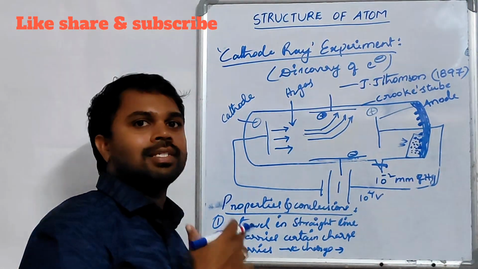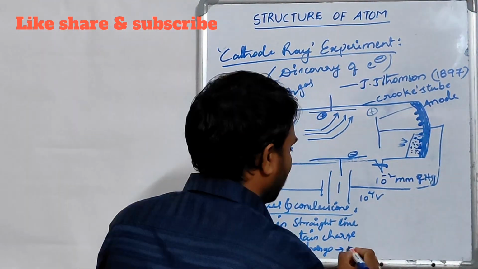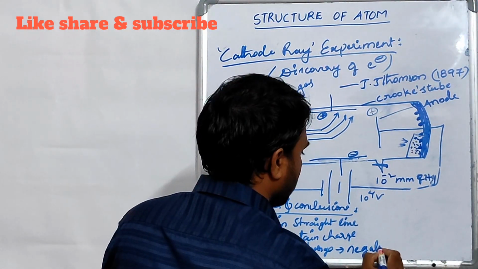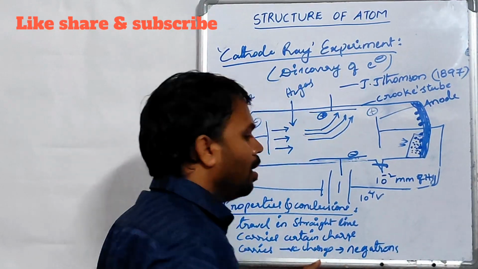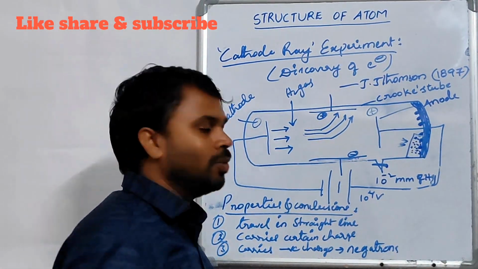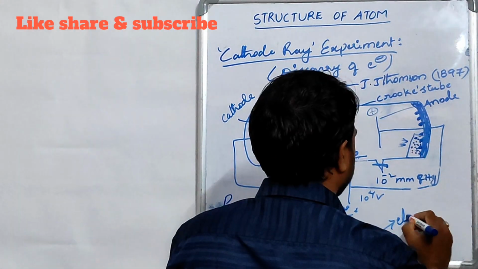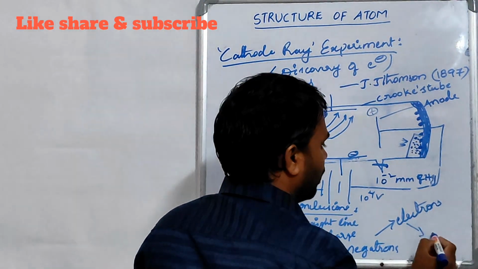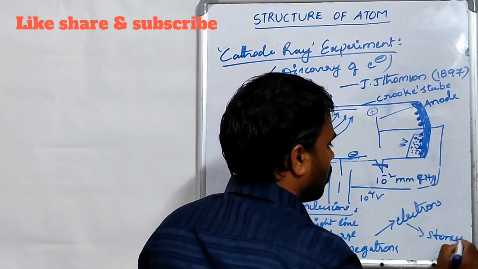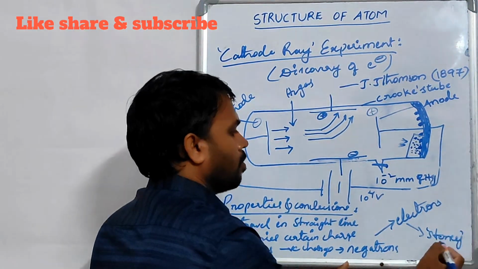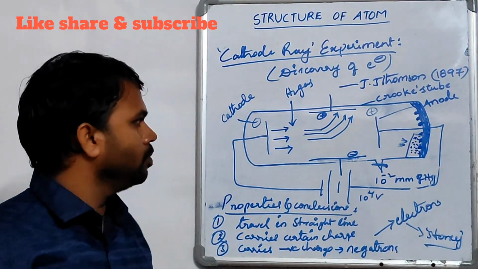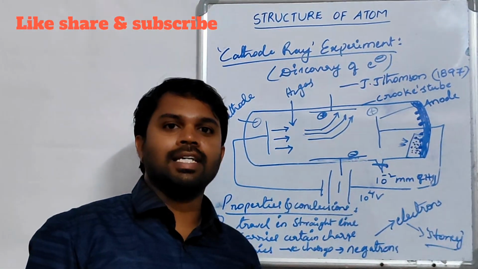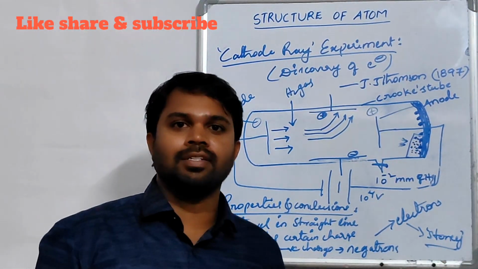So he called these cathode rays negatrons. Later, this name was changed to electrons by the scientist Stoney. Eventually, this experiment was carried out with different gases.